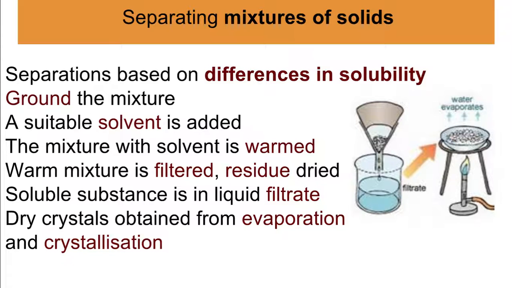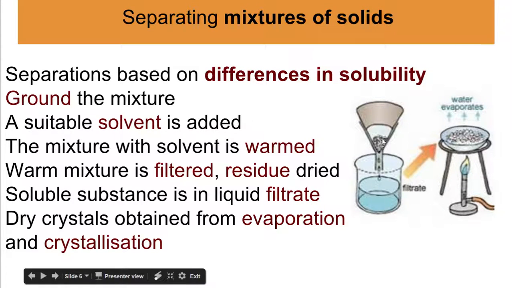First, we ground the mixture, and a suitable solvent is added to the mixture, mixed, and this mixture first is warmed, and after that, the warm mixture is filtered, and all the residue is going to be left behind in the funnel, in the filter paper, and dried, and we can use it. And the liquid filtrate is going to go through, and we gather the liquid filtrate.